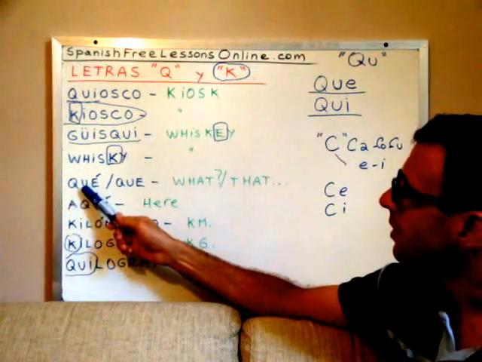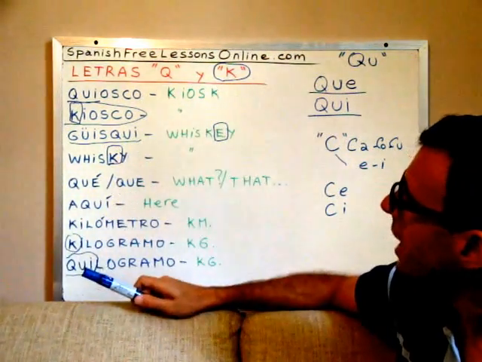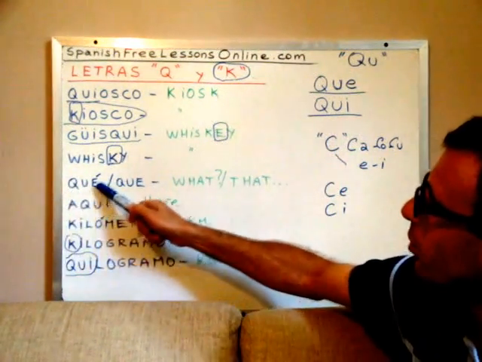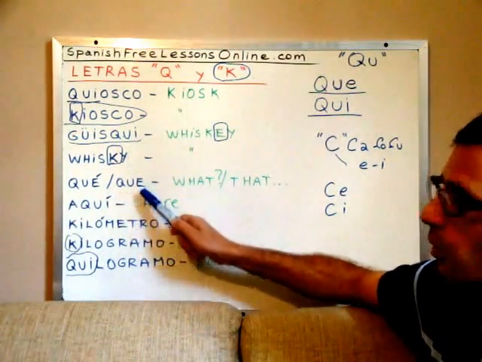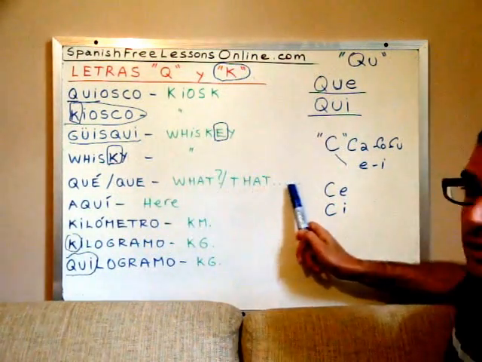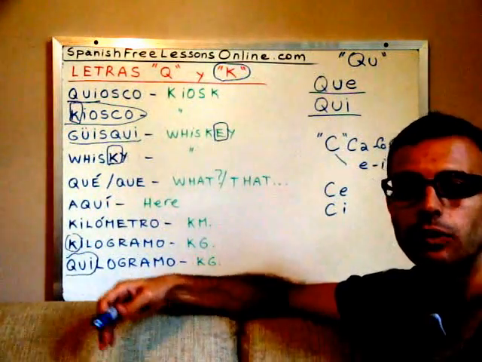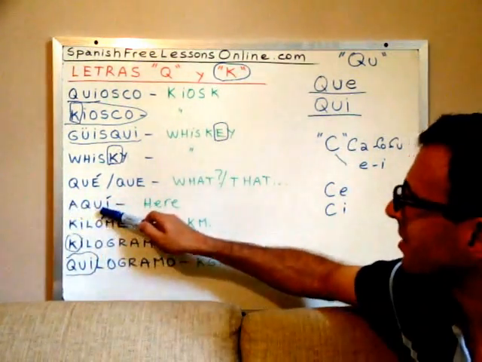Okay, these are other examples of the letter Q. We have que or qué. This qué with a tilde means what. This que without the tilde means that, like for an explanation. He said that he will not come. Okay? Aquí for here.